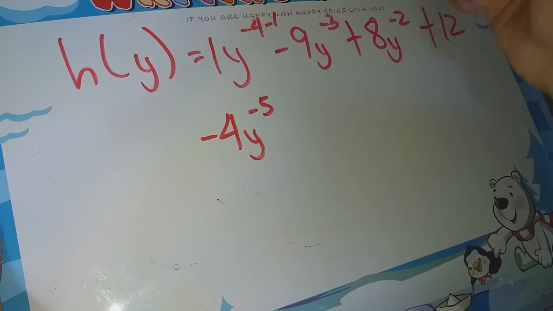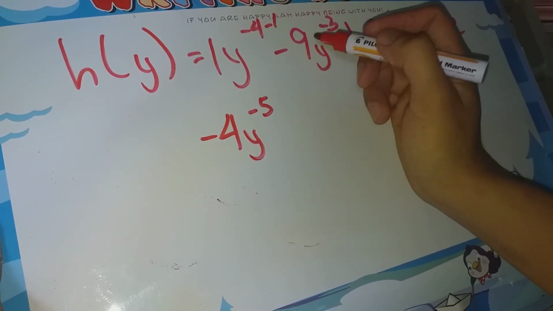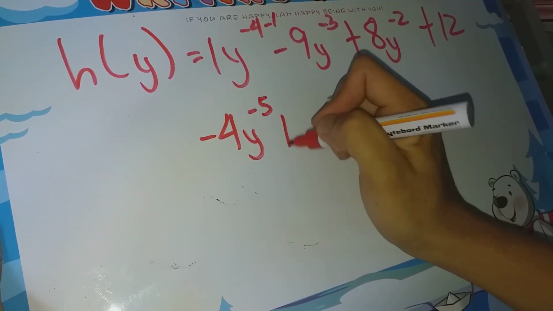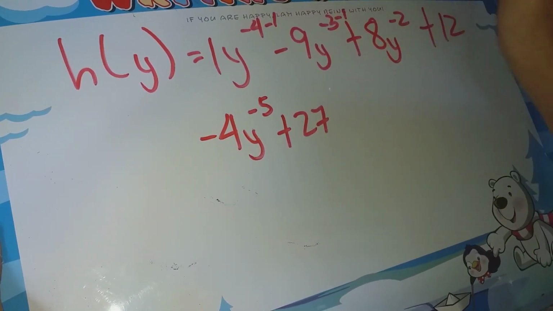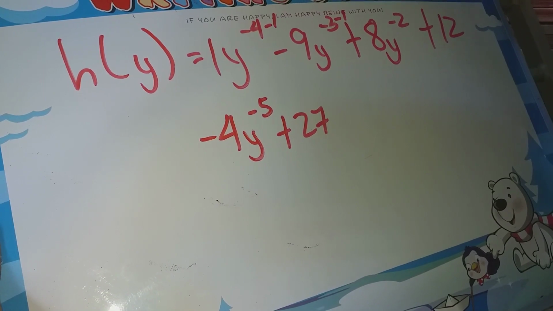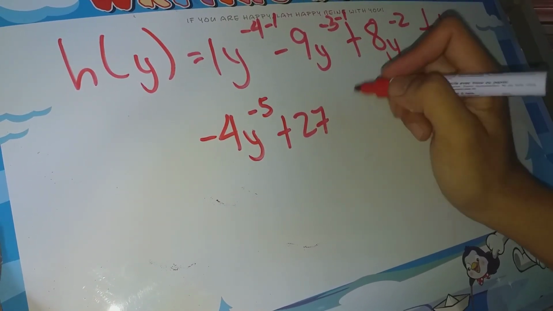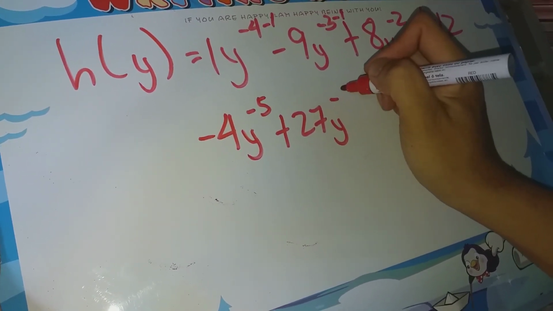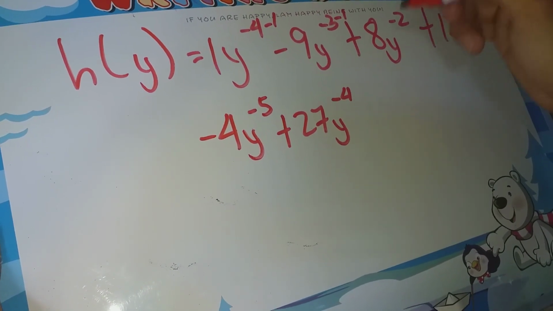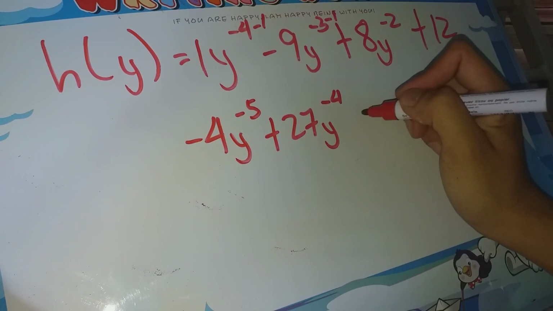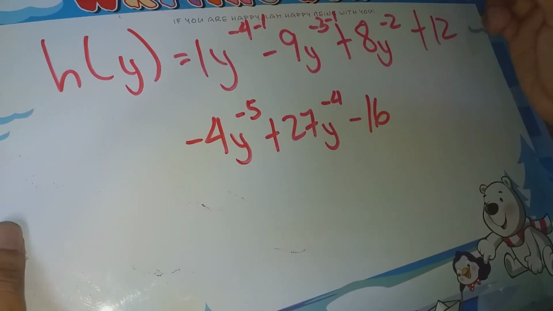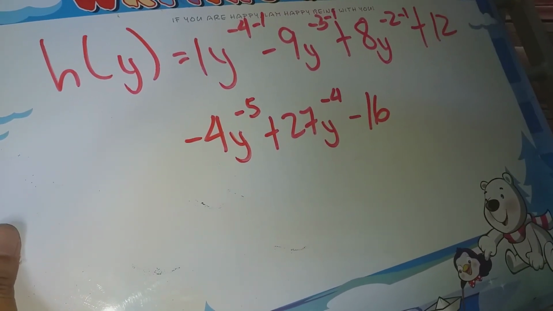And then proceed to the next term. Negative 9 multiplied by negative 3 is positive 27, then subtract 1 from the exponent. Negative 3 minus 1 is y raised to negative 4. Okay, to the third term, 8 multiplied by negative 2 is negative 16. And then subtract 1 from the exponent.